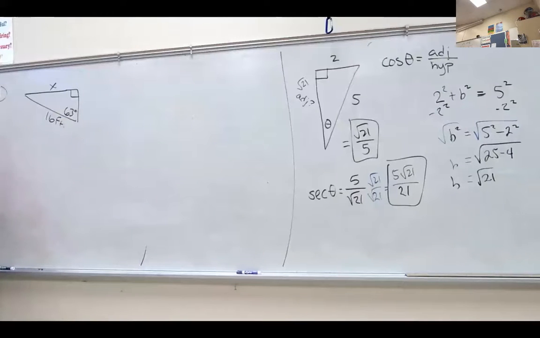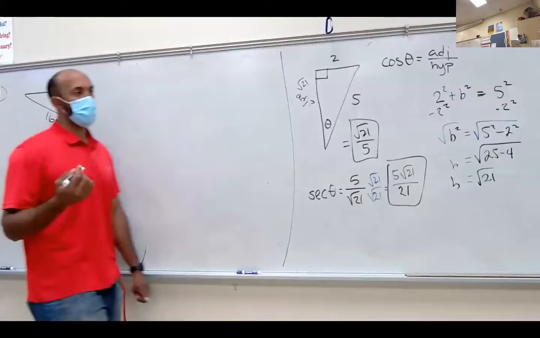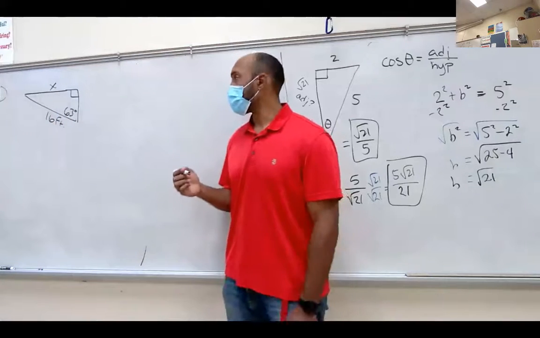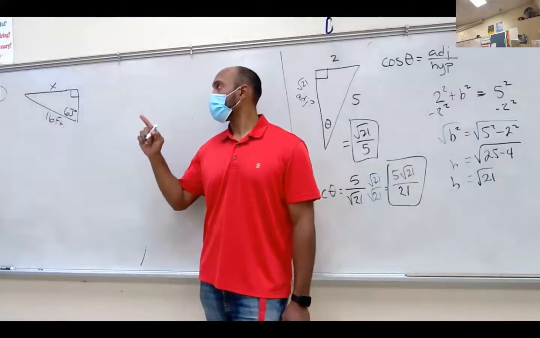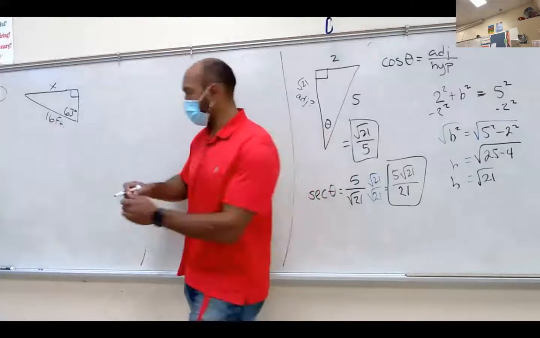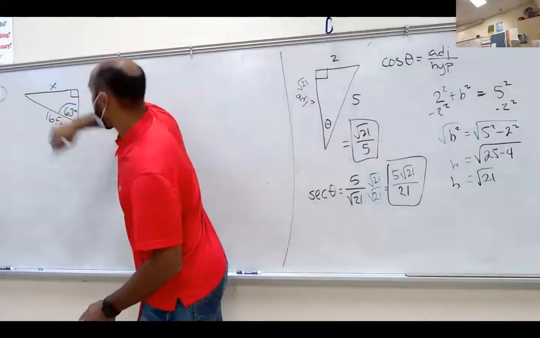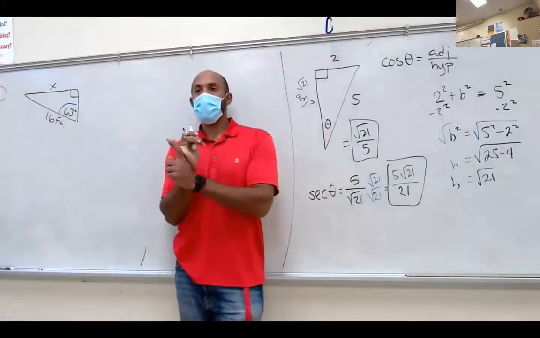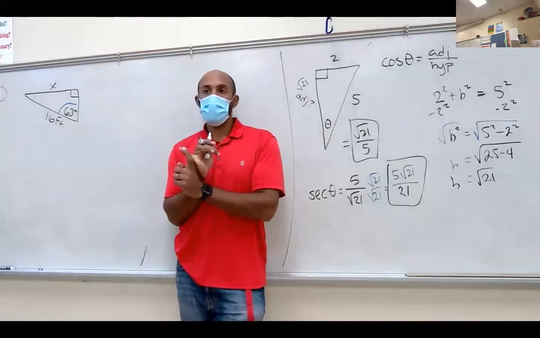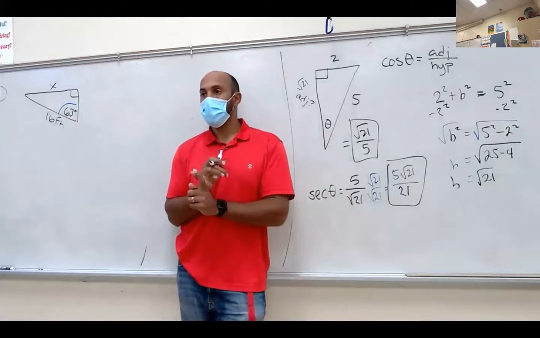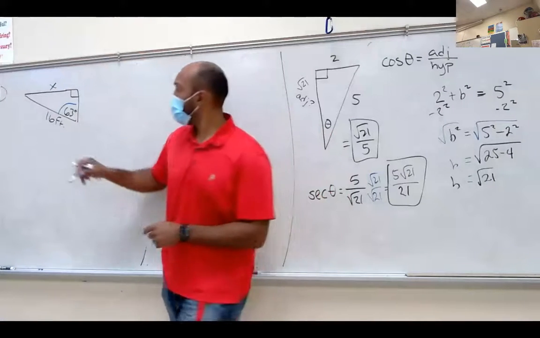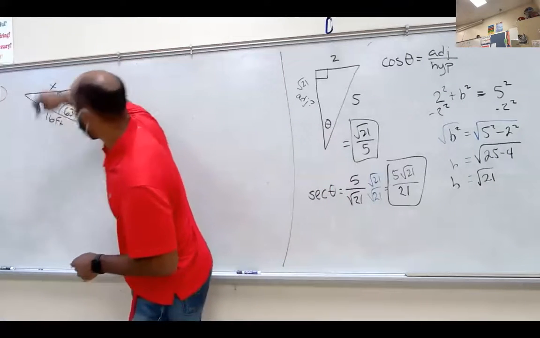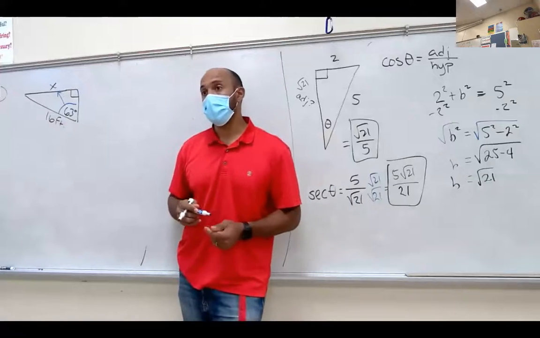First thing I got to say to myself is, what sides do I have? Because here's my angle right here. Which sides do I have? Do I have the opposite sides? Hypotenuse. I got the hypotenuse. And what's the other one? Opposite. It's across.